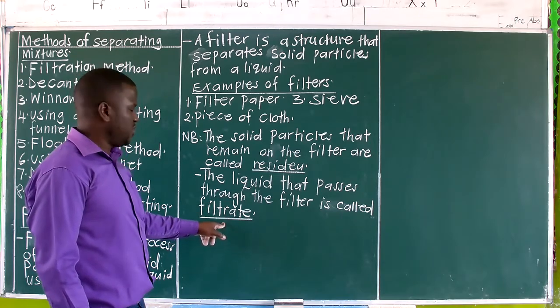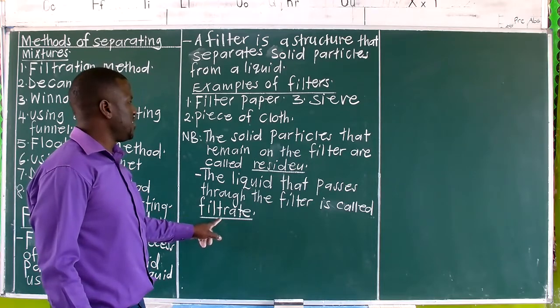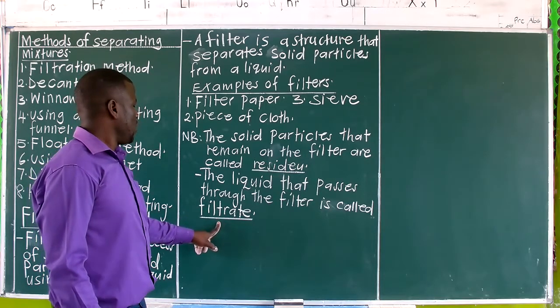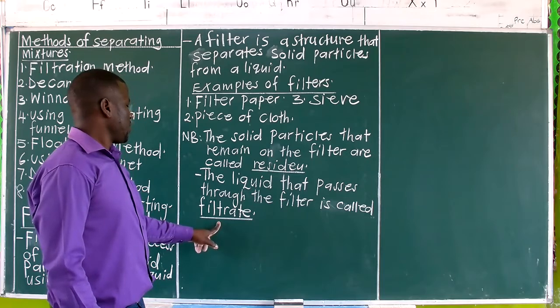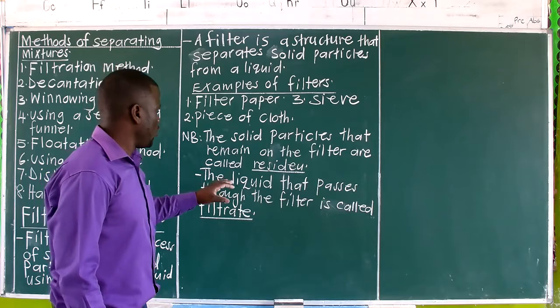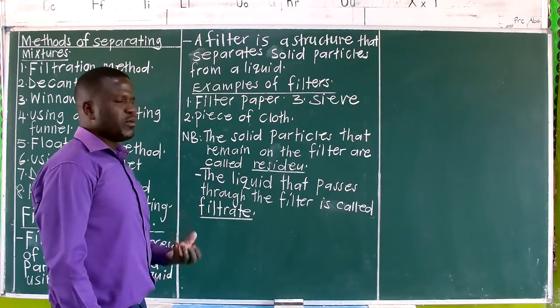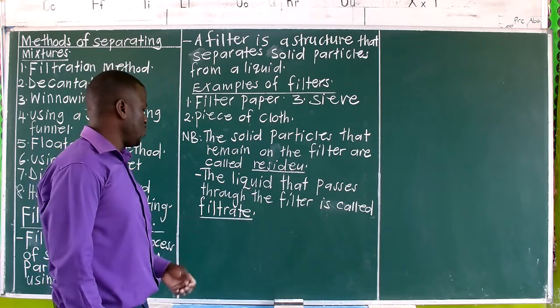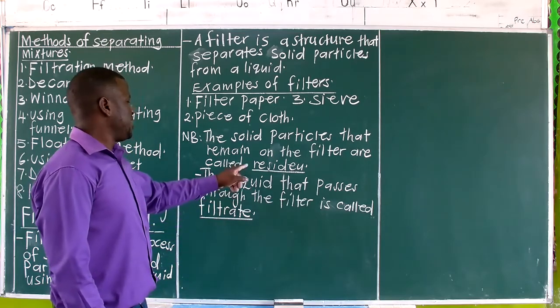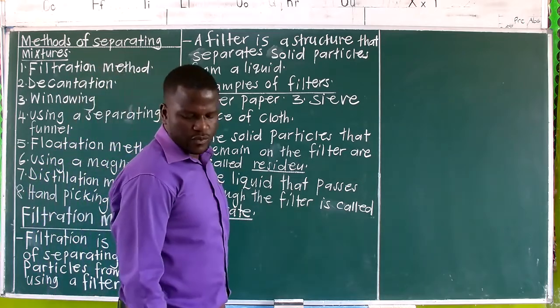Those who blend juice, after blending the juice, you have to filter. You can either use a sieve or a piece of cloth. So when you pour the remains on a sieve, the liquid which passes through, the juice that passes through, is filtrate. The seeds that remain on the sieve are called residue.